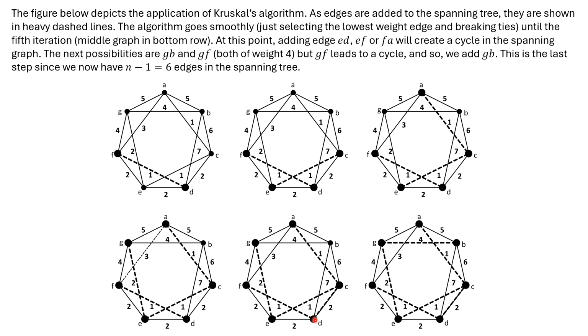However, the next one is a bit of a problem. So at this point we have edges ED, this one here, that's of weight 2, EF, that's of weight 2, and FA, that's of weight 3. So that would be the next level up.